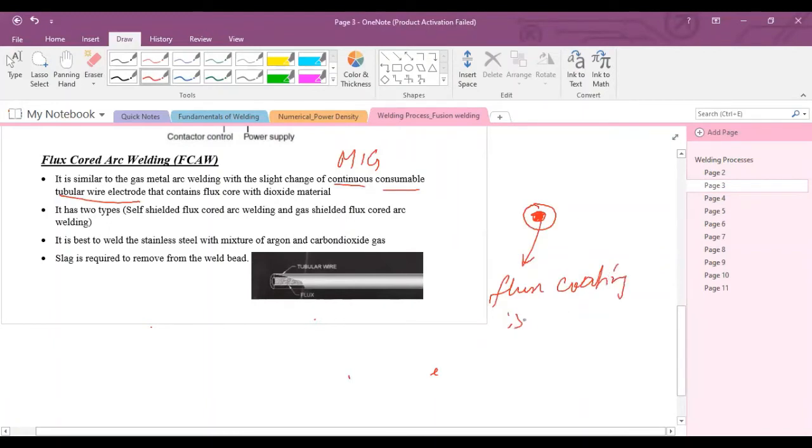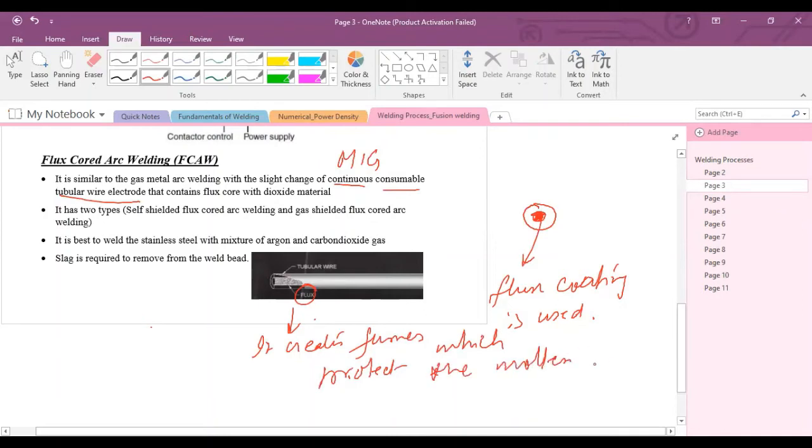This flux coating has the same function: it creates fumes which protect the molten pool from the environment during the welding.